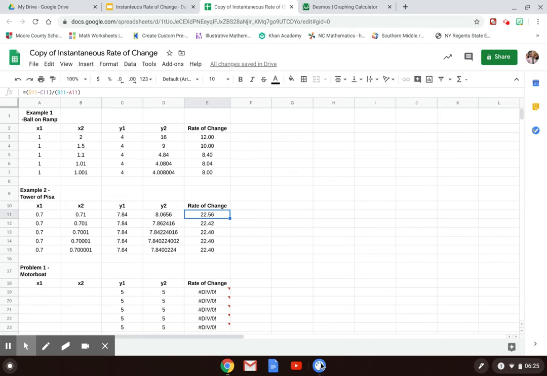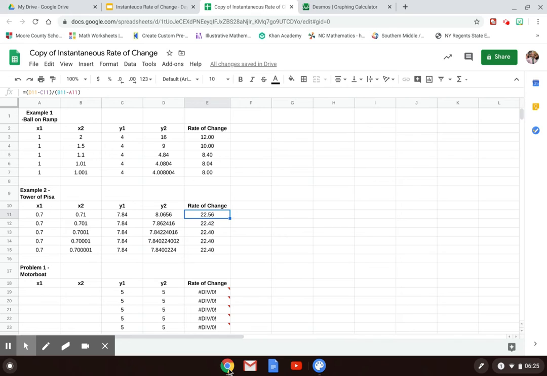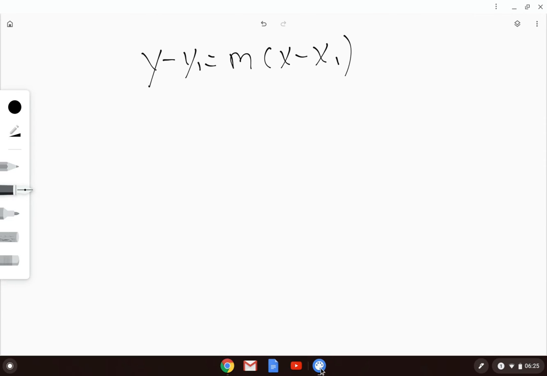So, same thing as before, I'll come over here and use my point slope formula so I can get the equation of the line and graph it. We said 22.4, yep, 22.4 is going to be my slope.